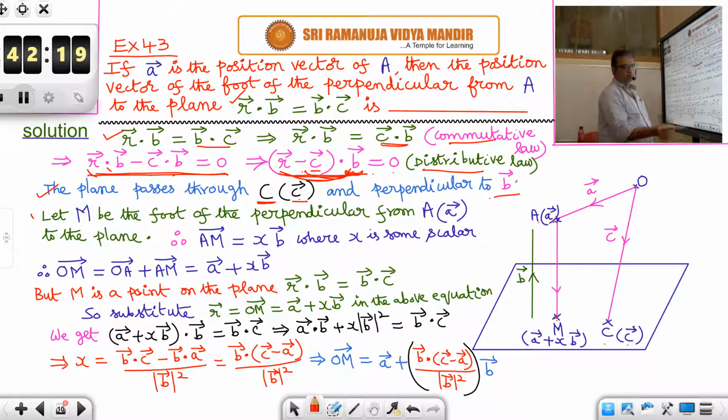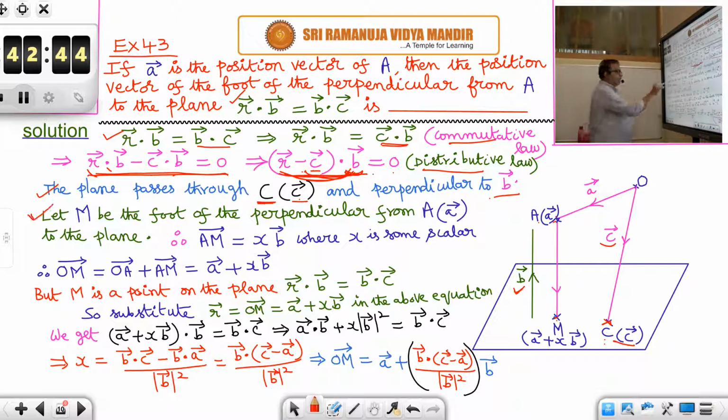B bar. That is why in the diagram I have shown a green color vector perpendicular to the plane I have drawn. Remember that B bar is perpendicular to the plane. And it is passing through C bar. So I have taken point C in the plane. OC bar is equal to C bar. I have shown it is a point in the plane.